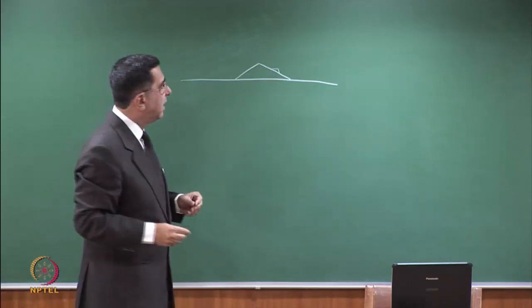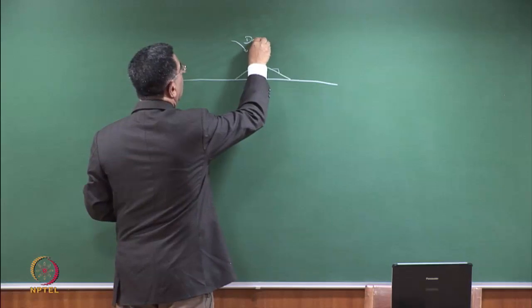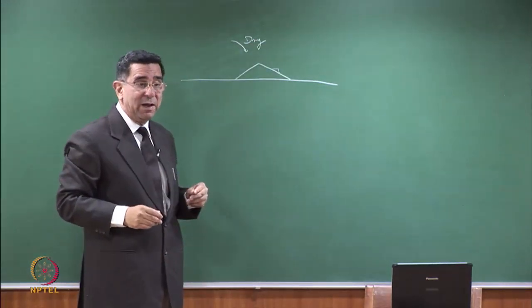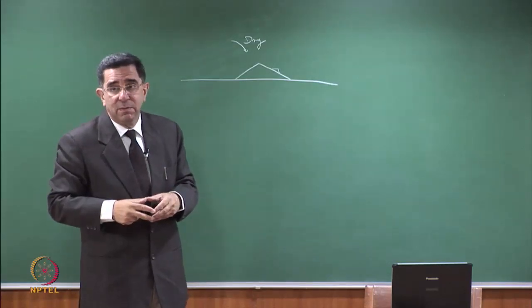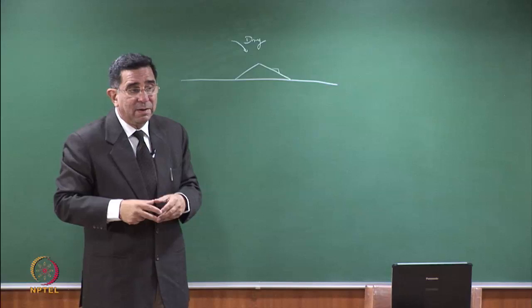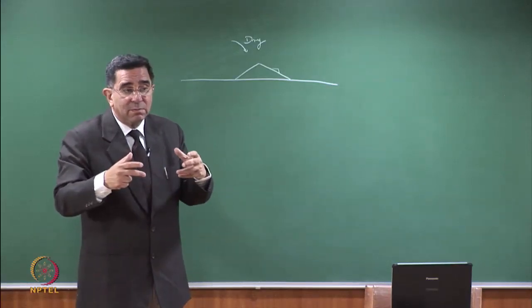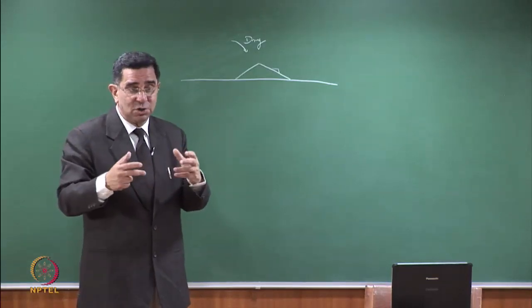Now, instead of dry, if it is moist, it could be even steeper slopes. Why? Because there is some kind of a surface tension effect which gives you capillary suction. So that might give you some kind of an artificial cohesion.